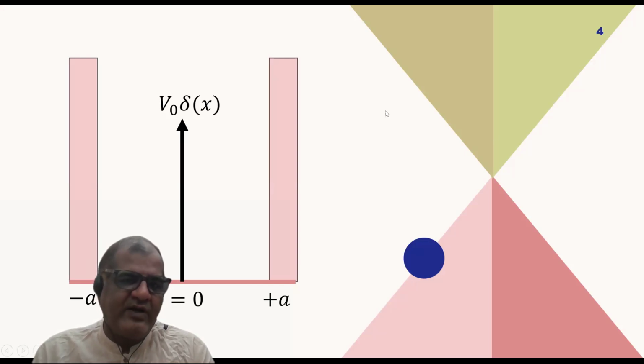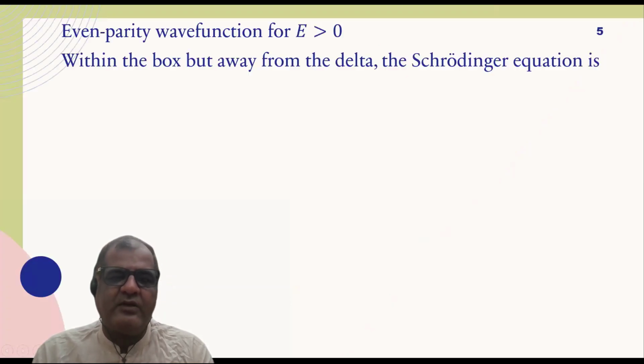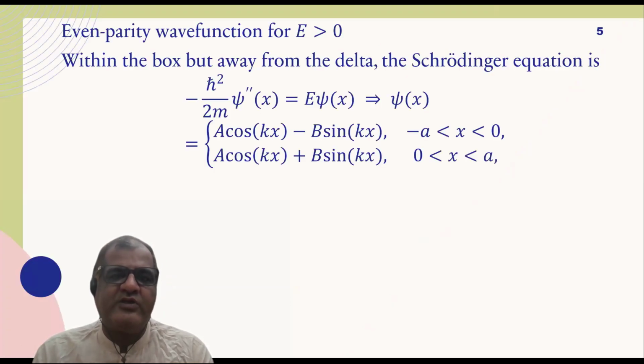But here we have to show continuity of the wave function at x equal to 0 also. Because I am solving for the even function, I am taking the solution of this equation as A cos kx minus B sin kx between minus a to 0, and A cos kx plus B sin kx from 0 to a.